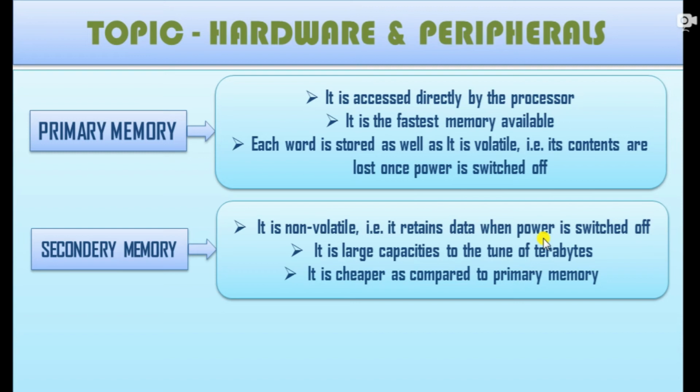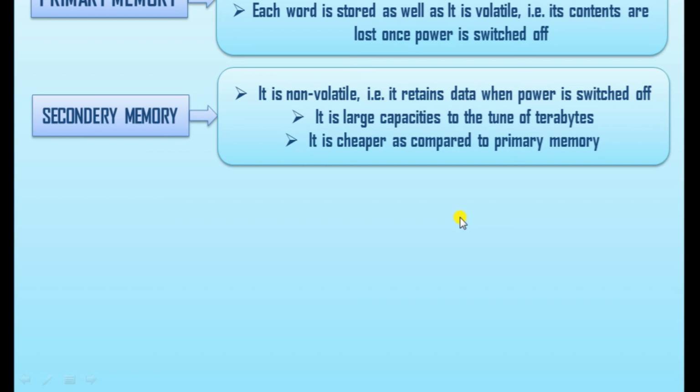It retains data when power is switched off, and it has large capacities, to the tune of terabytes. It is cheaper as compared to primary memory. You can assume this is a hard disk or a CD or a pen drive or the like. So these are the main parts of memory, the main component of hardware, which we must have to store anything.